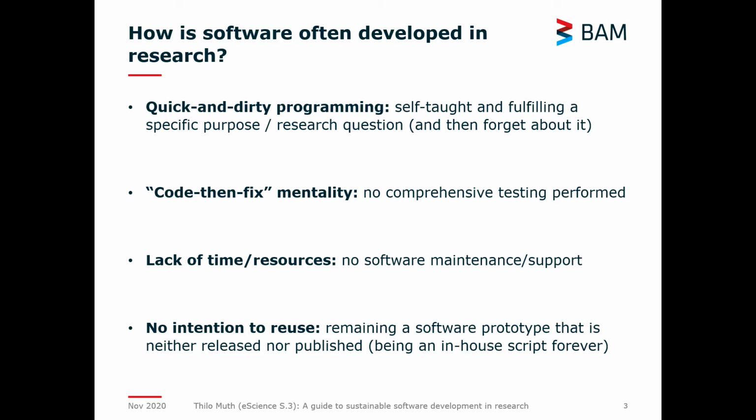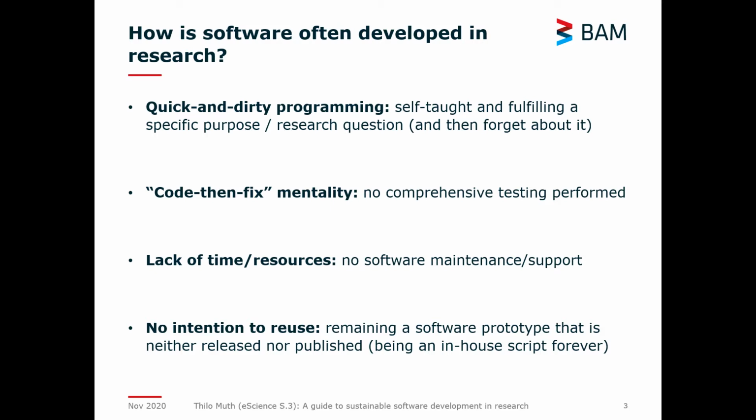Researchers teach themselves and learn to program on the fly. They are rarely computer scientists or mathematicians with a solid programming background, and the software and the methods that they develop fulfill a specific purpose or address a certain research question, and then often it is forgotten.